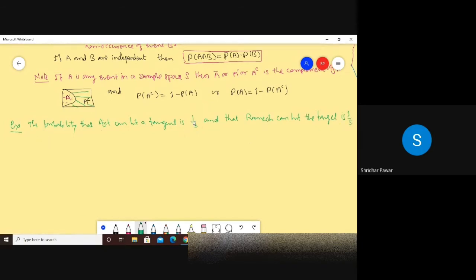Means 1/3 means 3 वेळा ट्राय केल्यानंतर तो एकदा हिट करतो आणि हा 5 वेळा ट्राय केल्यानंतर एकदा हिट करतो.